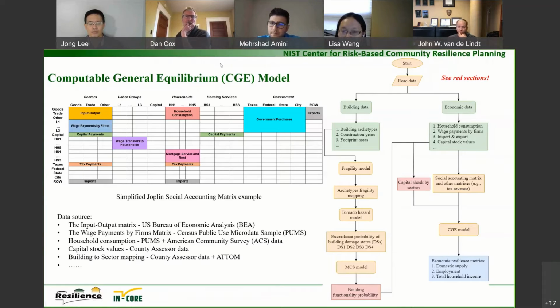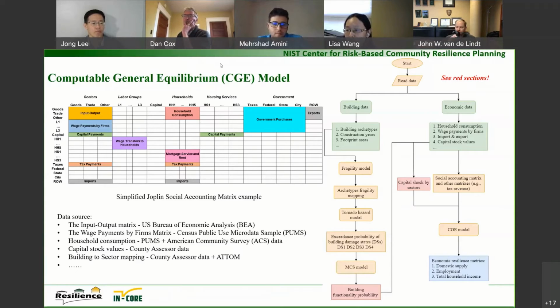Then we can develop a hazard model. For example, we can develop an idealized tornado model and determine the building damage throughout the community. After applying the Monte Carlo simulation, MCS model, we can determine the building functionality probability for each building.